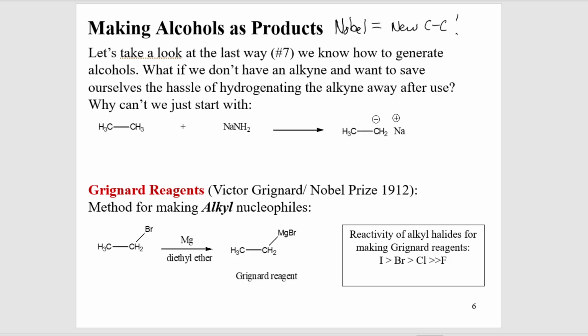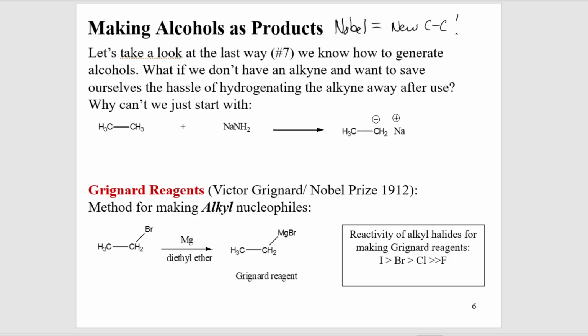And what you'll notice is that for the most part, whenever you see chemistry where you can make a carbon-carbon bond, you'll see a name attributed to it. And more often than not, that name probably won a Nobel Prize. So I always joke that one of the recipes to winning a Nobel Prize is finding new ways of making carbon-carbon bonds. You heard it first here, ladies and gentlemen.